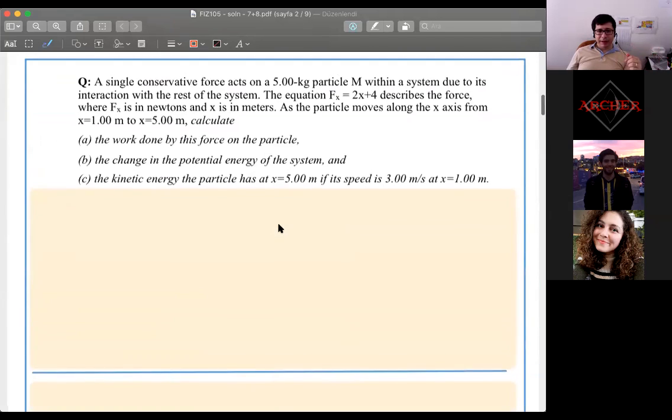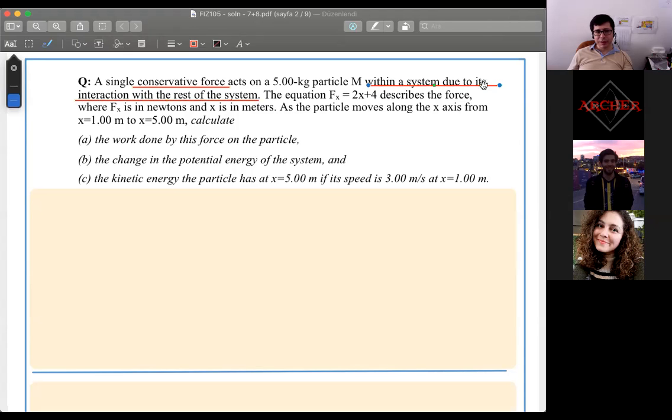So next one. We have a single conservative force that acts on a 5 kilogram particle, capital M, within a system due to its interaction with the rest of the system. See, this is a very important expression.